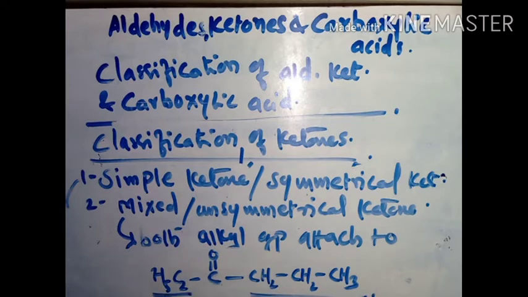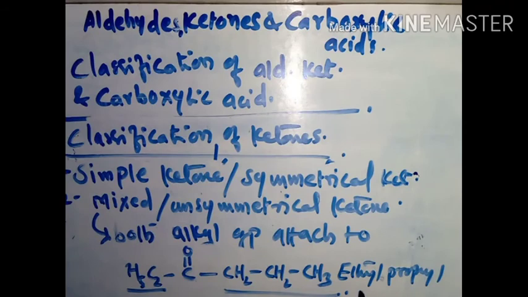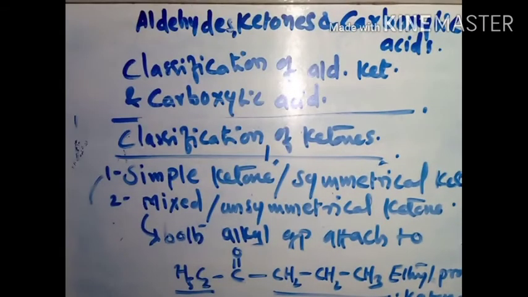What is the name of this? That is ethyl propyl ketone, or ethyl n-propyl ketone. So in this way we can classify the ketones.